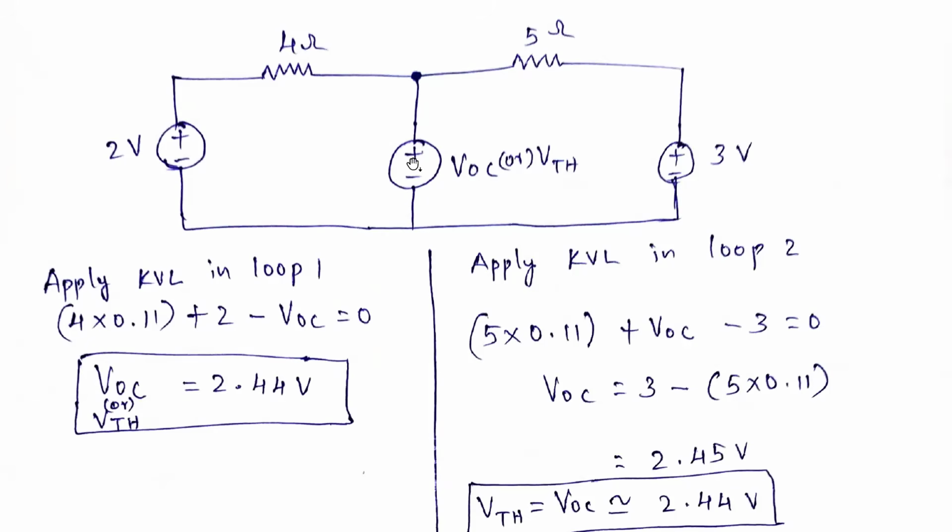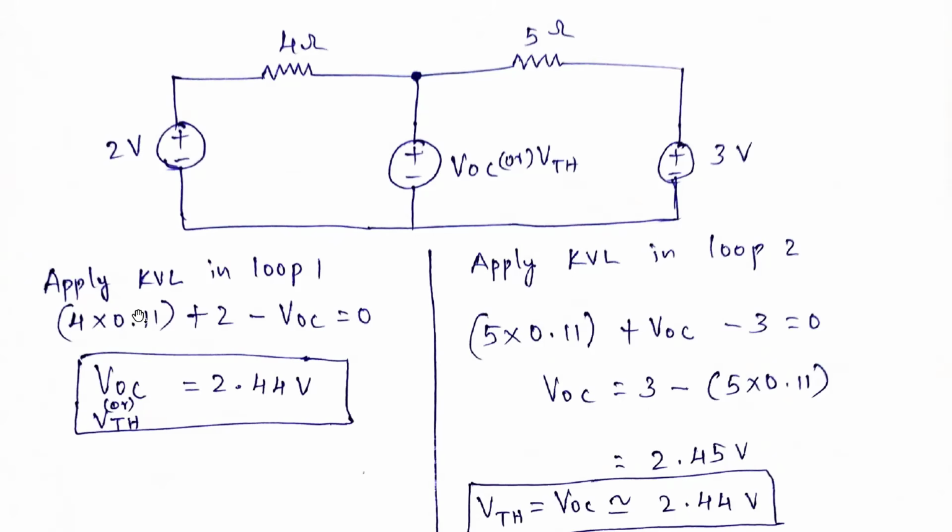So here what we are doing is applying KVL in loop 1. Similarly, we can apply KVL in loop 2 also. Any one you need to do, because if you do this side you get this, and if you do that side you get this.